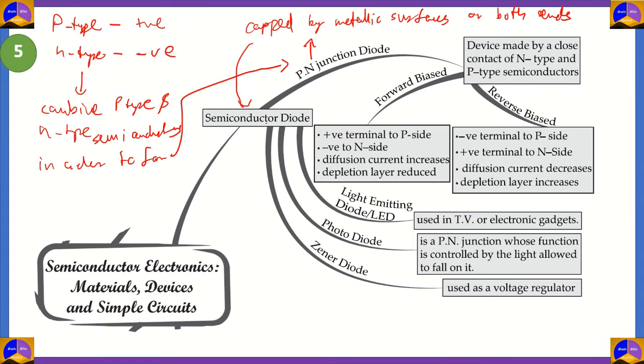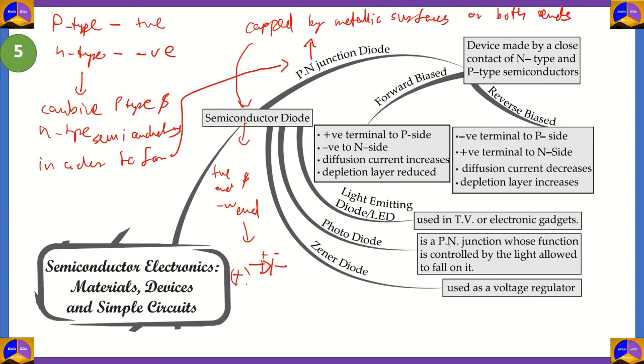Now, these semiconductor diodes are essentially used in circuits, and circuits have a positive end and a negative end. So there are two ways in which you can connect semiconductor diodes. This is the symbol for a diode, and this is the positive end, and this is the negative end.